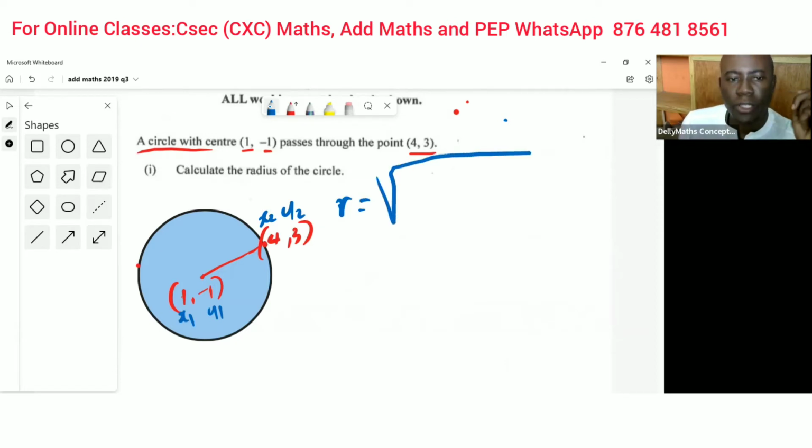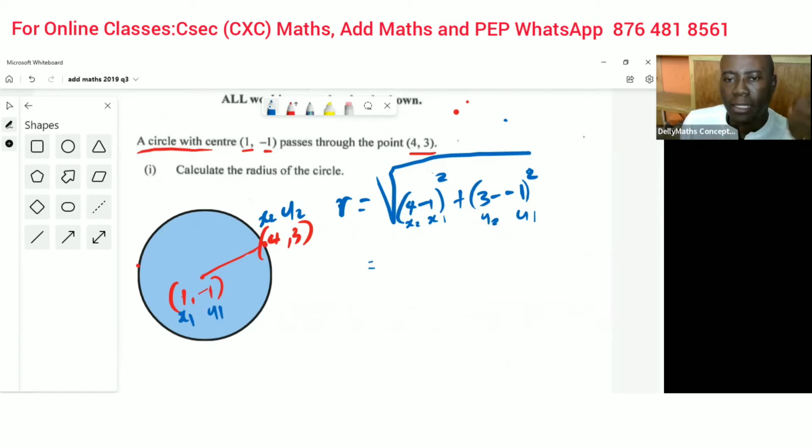It's going to be the root of 4 minus 1 squared, that is x2 minus x1, added to 3 minus -1 squared, that is y2 minus y1. So that's what we have there.